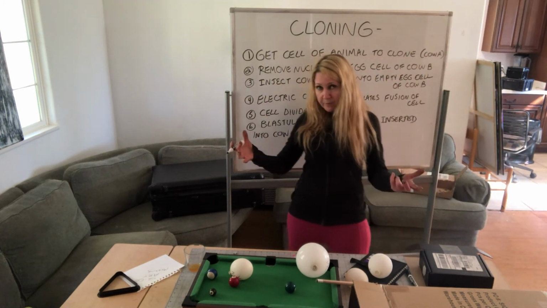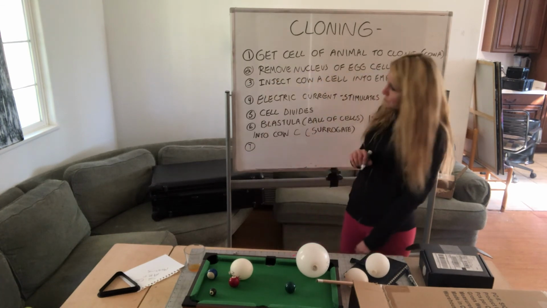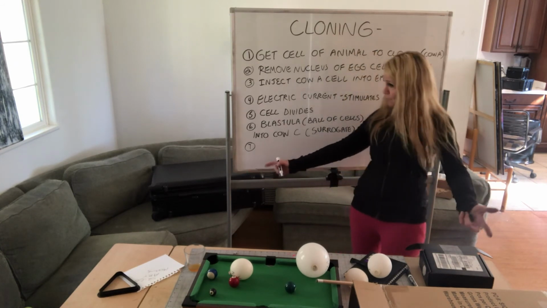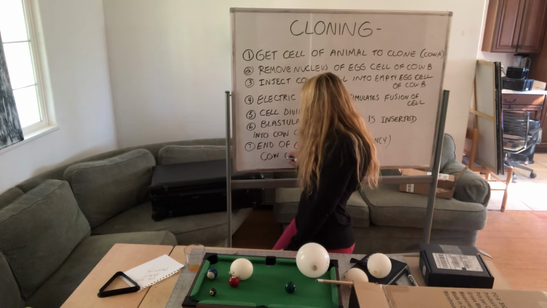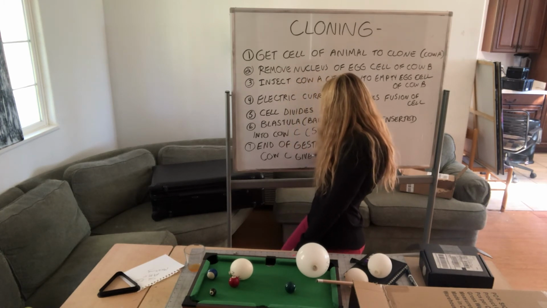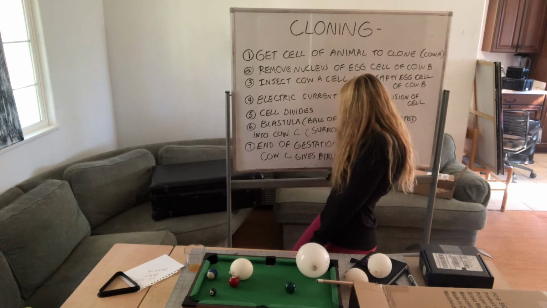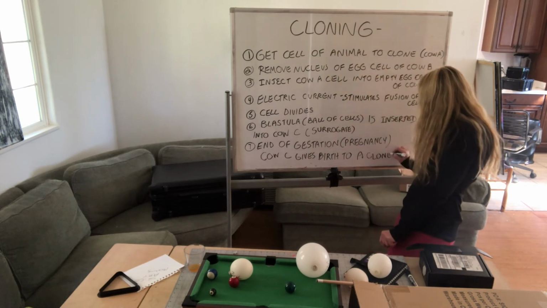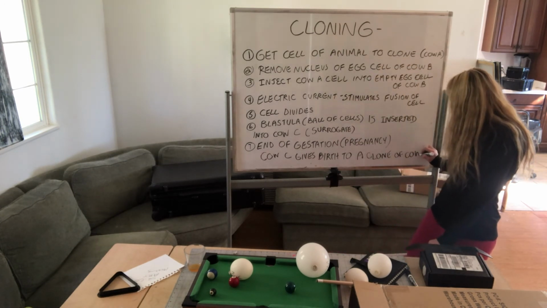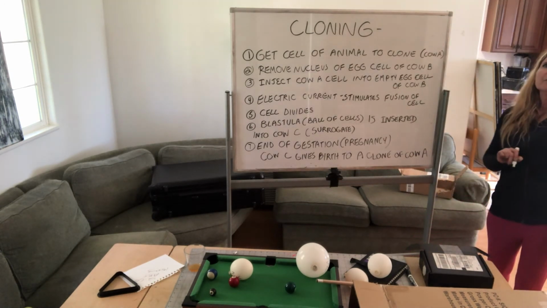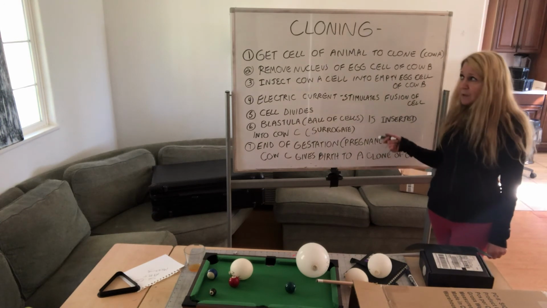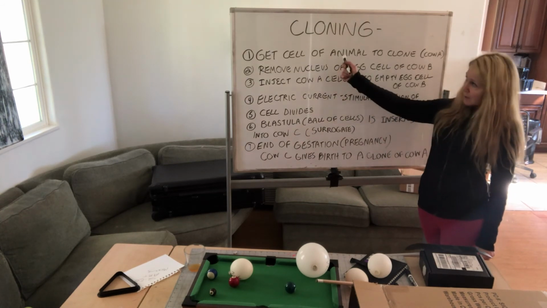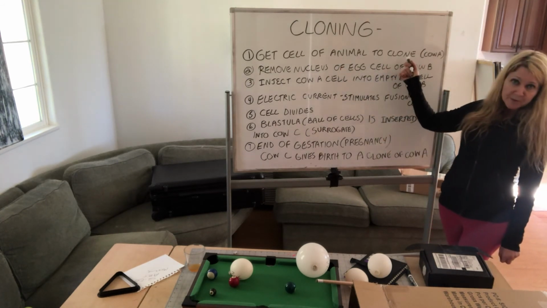After about 9 months, the gestation, which is the length of time for pregnancy, she gives birth to a clone of cow A. So technically cow C could be cloning itself if we use cow C's cell in the first step.